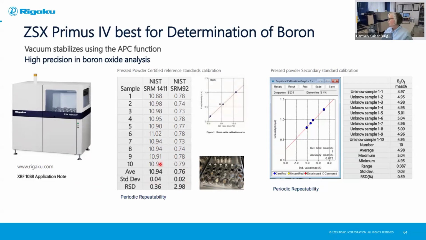Of course, we can also measure an unknown sample, without knowing the value, to show you what kind of precision we get. So this shows you the kind of accuracy that we can get, and this shows the kind of precision that we could get.